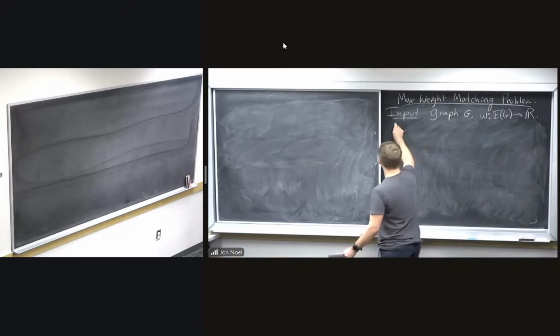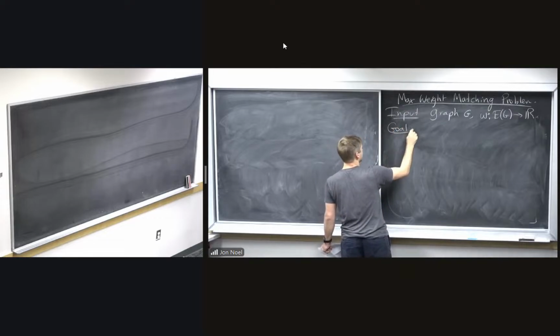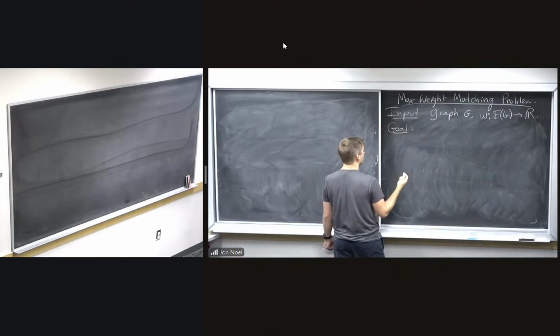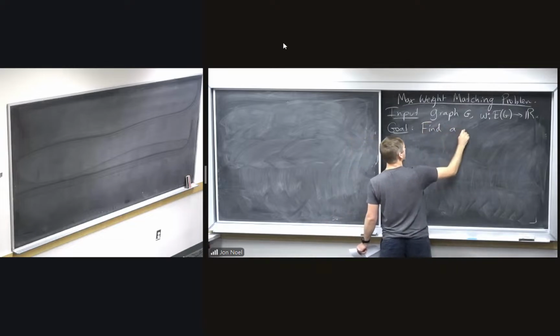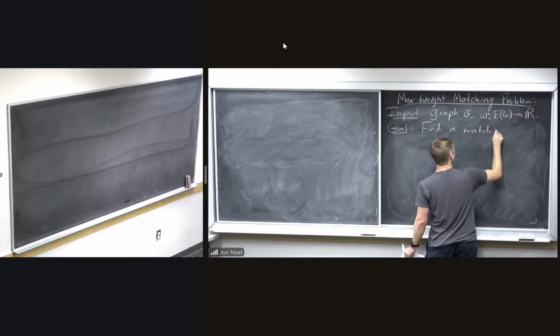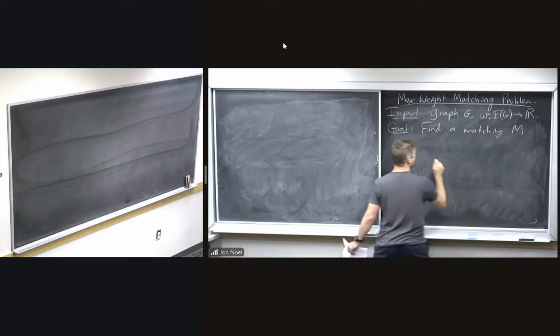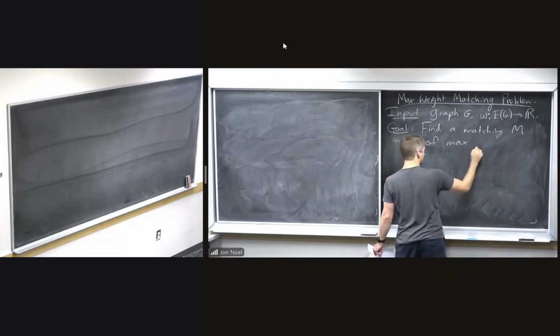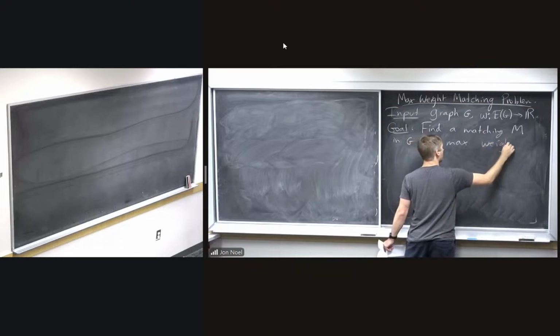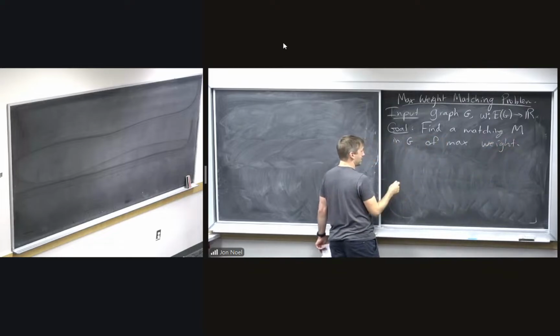So the weight of each edge is given by this function W. And then the goal is to find a matching M in G of maximum weight, where the weight function we think of as being linear.